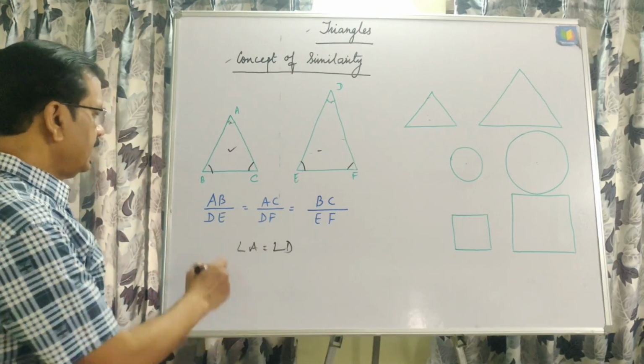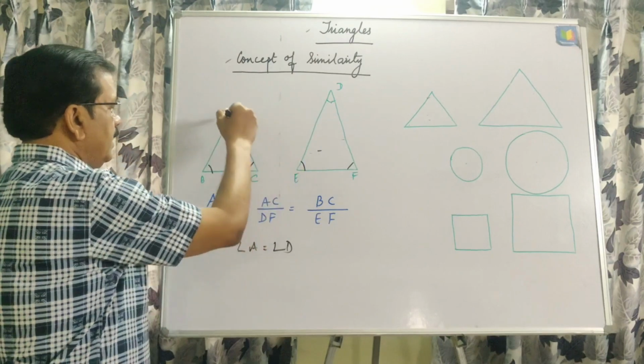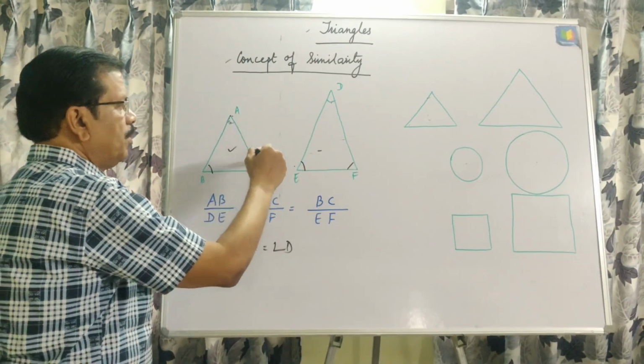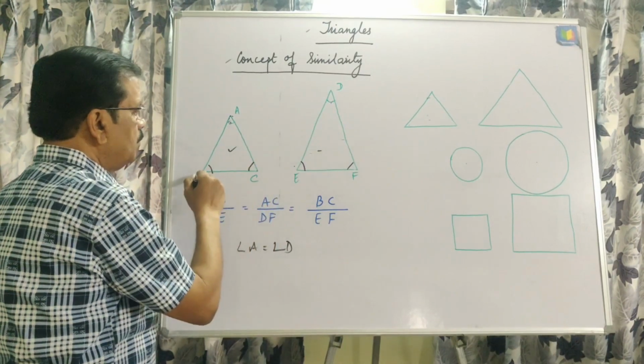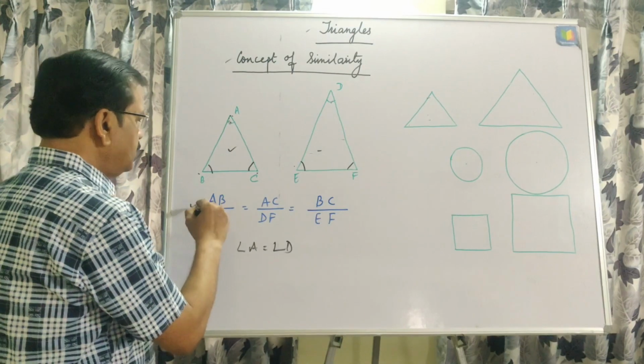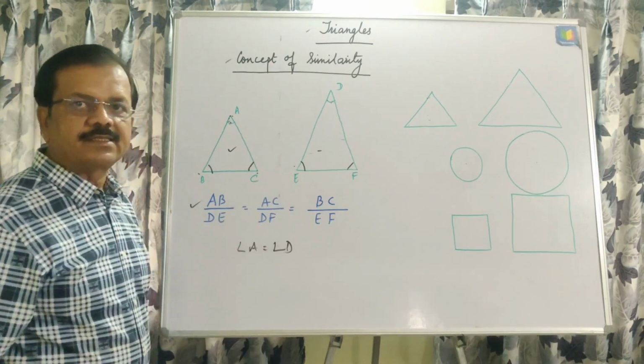Second condition: the ratio of their corresponding sides, AB upon DE, is equal to AC upon DF, is equal to BC upon EF. And if these two conditions are followed, we can say that the triangles are similar.